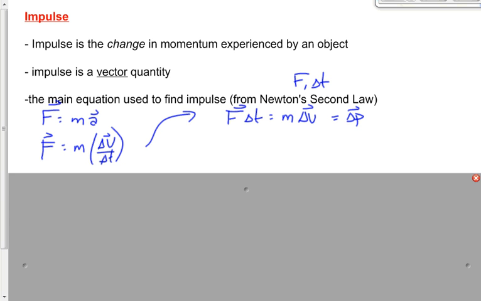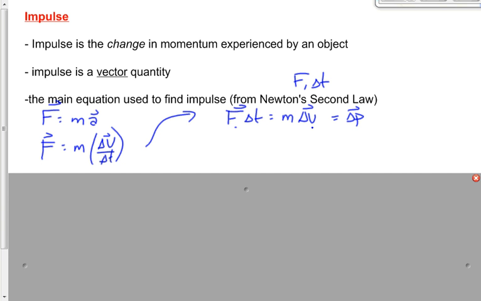So we're saying that m times delta v is the impulse. Look what else is equal to impulse: F delta t. What 2 factors influence the amount of impulse that something would experience? The force and how long you applied the force for. So in other words, if you're ever asked to solve for impulse, you're going to either multiply m times the change in velocity, or you're going to multiply the force times the time.